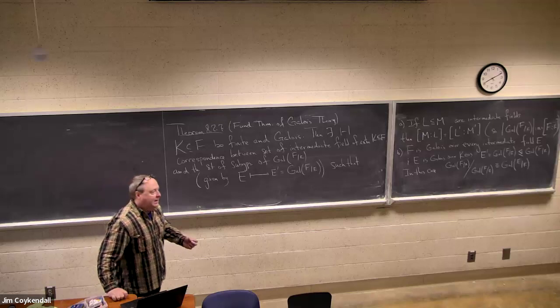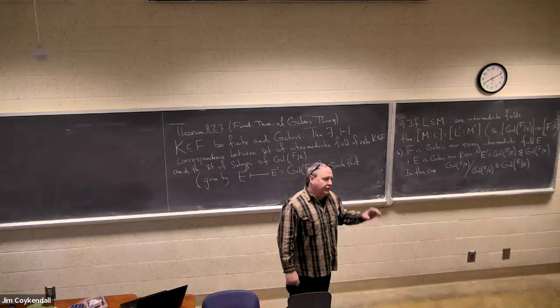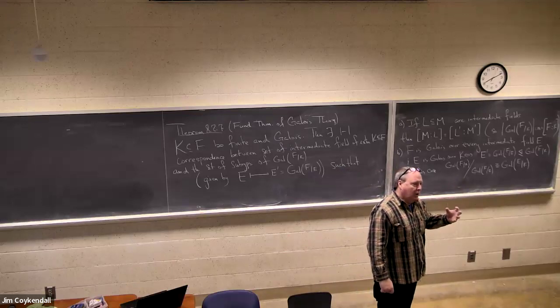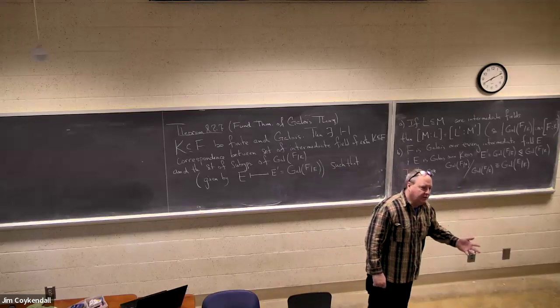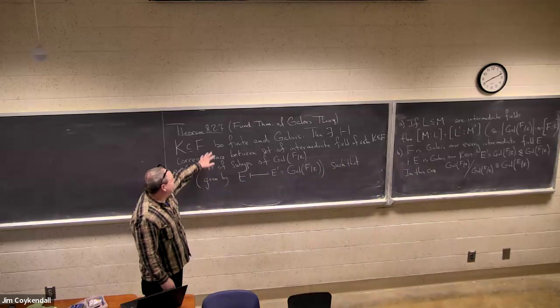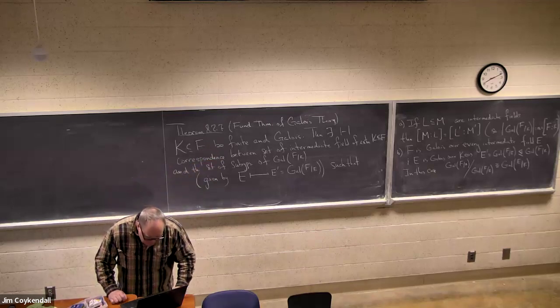And we call an intermediate field or group closed if the double prime is the identity. So if you start with a field, you prime it and you prime it back, and if you get back to where you were, we say that field is closed, and the same with the group. In this case, we're going to discover that the intermediate fields and the intermediate groups are all closed.